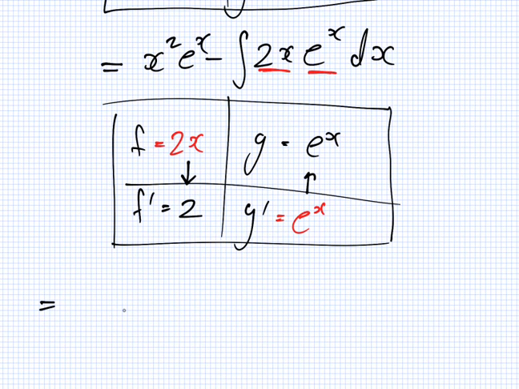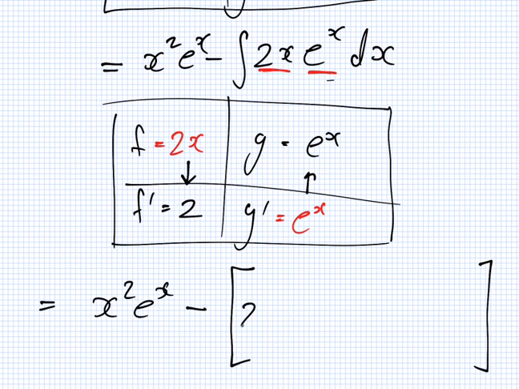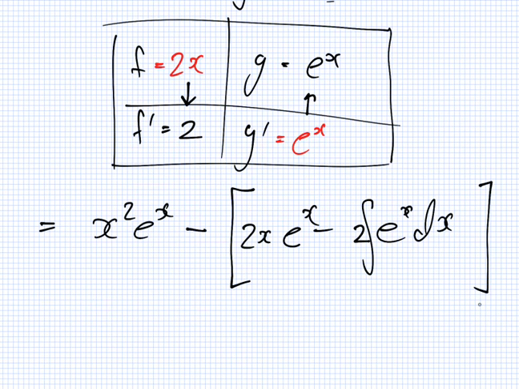Okay, so just be careful, because we're using the formula just on this piece at the back. So we need big brackets here, because I'm using it just on this piece at the end. fg minus f derivative g. So now you see I've used the formula twice and I've simplified it down into something we can do.